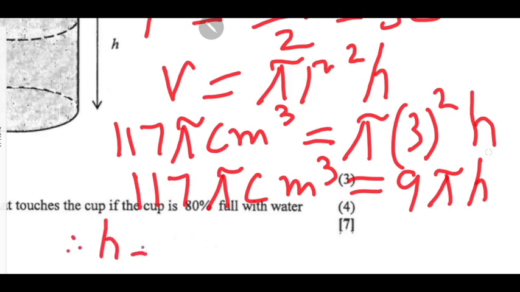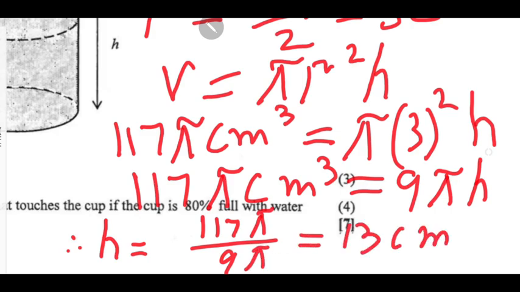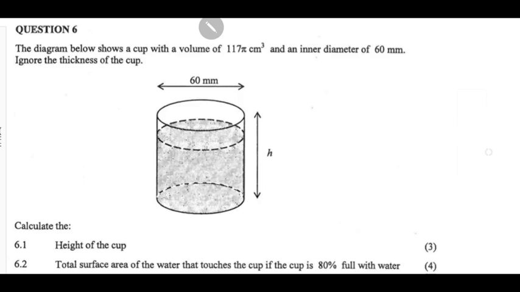Therefore, h is going to be equal to 117 pi divided by 9 pi. The answer will be, pi and pi cancel. 117 divided by 9 is 13. So we have to convert into one conversion because the volume was centimeter cube. That's why the millimeter we convert into the centimeter.